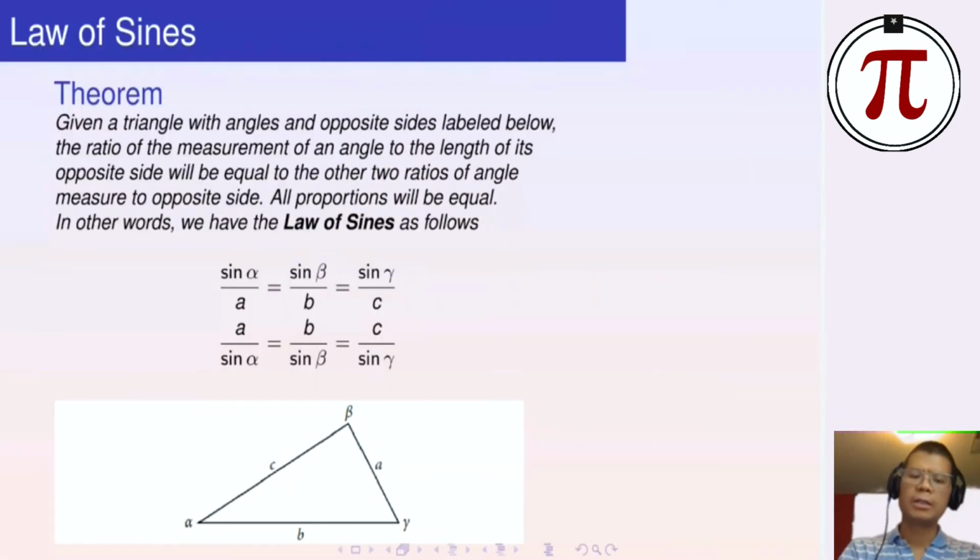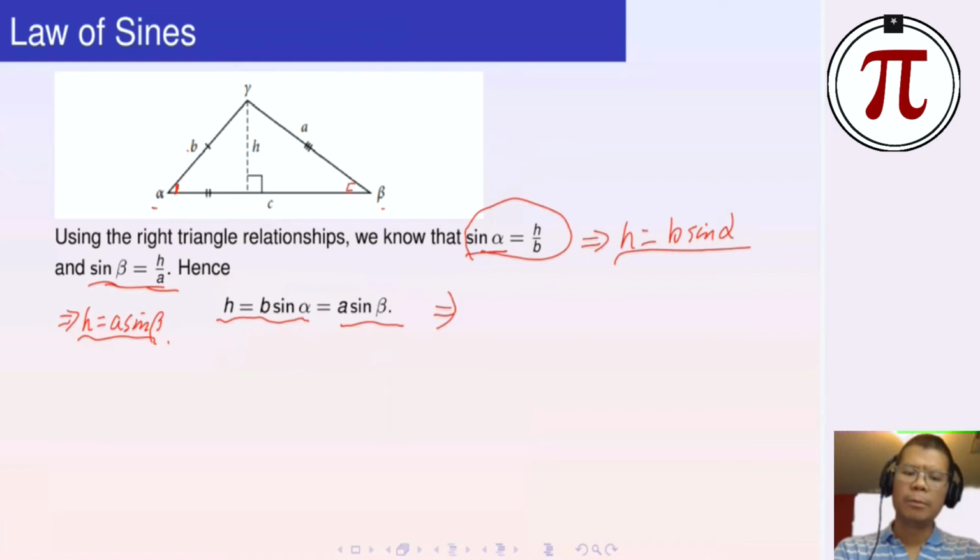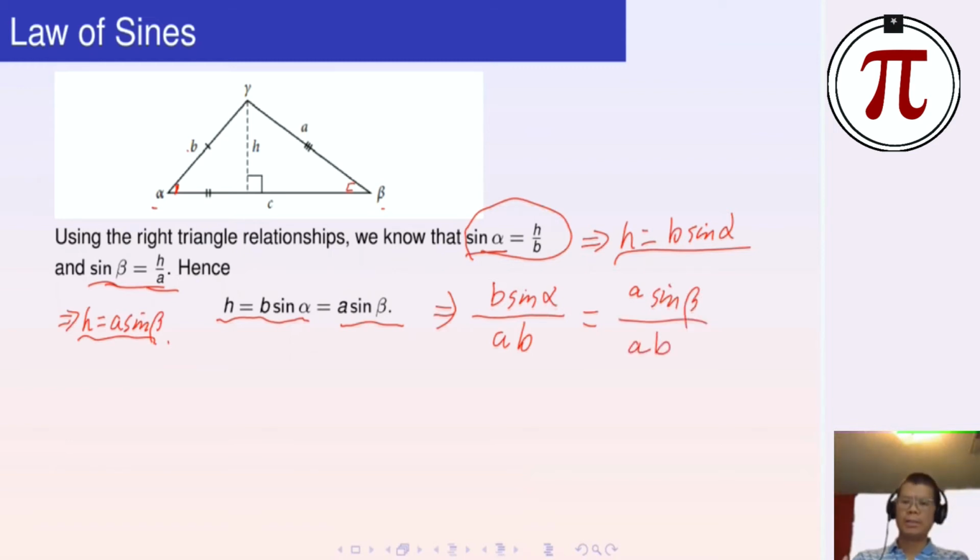Therefore, if we divide both sides by ab, b sine alpha over ab equals a sine beta over ab. Now you can see that b and b cancel out, and a and a cancel out.